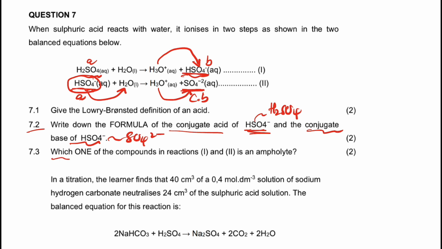Now it says which one of the compounds in reactions 1 and 2 are ampholytes. Which one are ampholytes there? So guys, if you look at this one here, it acts as a base, and here it acts as an acid. So the answer here is HSO4 minus.